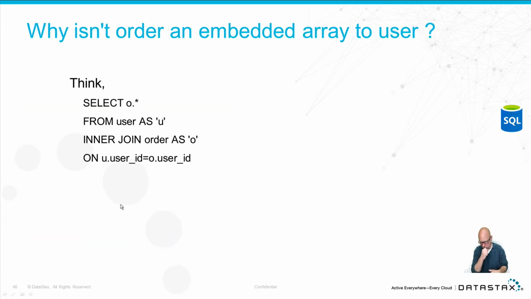And that's because this out with the as, the way it's constructed, it's largely the equivalent of an inner join in SQL, and that's why the data is returned that way. Love it or hate it. If you wished that order had been an embedded array to user, you can certainly munge the data in the traversal, but that's not how it comes by default when you're using as.